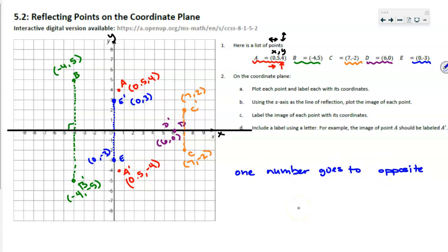Isaac? Yeah, the x-coordinate is the only word I'm going to change there. This is the x-axis. This is the line. But when you're saying one number goes to the opposite, it's never the x-coordinate that goes to the opposite. The x-coordinate stayed the same. Bethany?